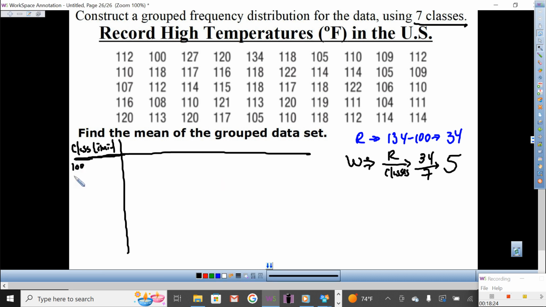So we started at 100, then we go to 105, and we go to 110, then 115, then 120, then 125, then 130, then 135. Yes? Yes, Mr. Q.